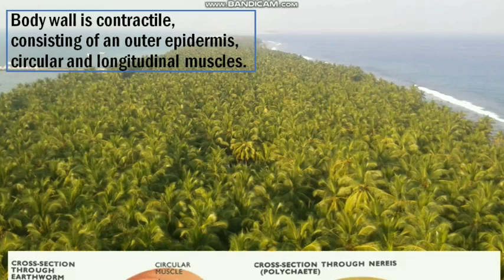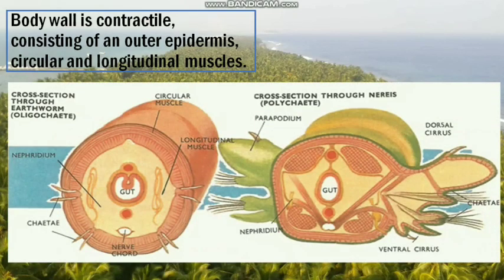You can see here, the circular muscles are represented in the form of circles, that is the outermost region, and the longitudinal muscle is actually in the form of lines, or in some other cases we will be representing it in the form of dots. So due to the presence of outer circular and inner longitudinal muscles, their body wall is contractile in nature.